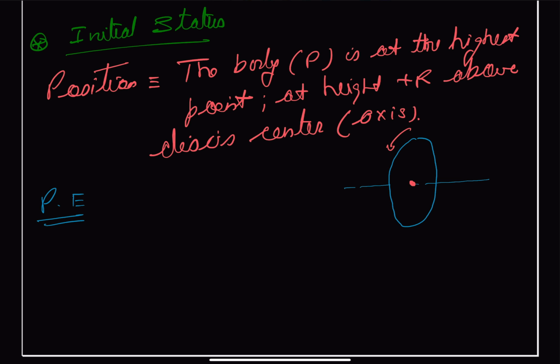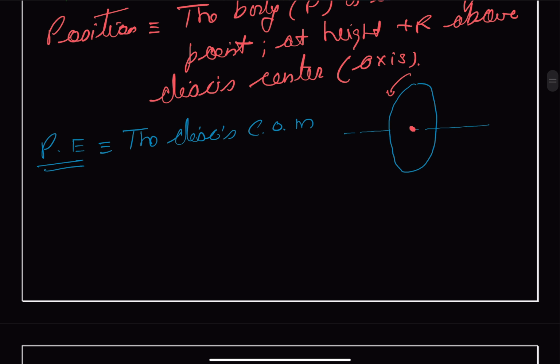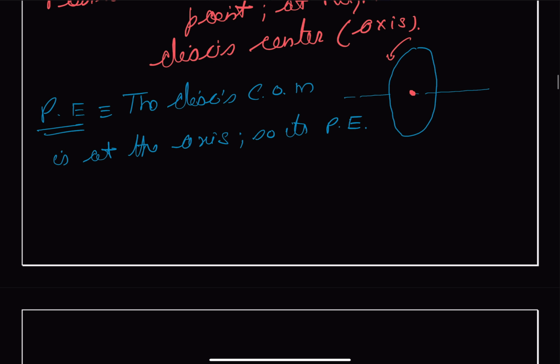So the disk center of mass is at the axis, so its potential energy remains constant.